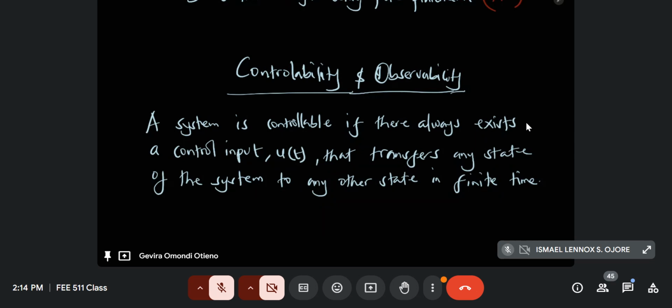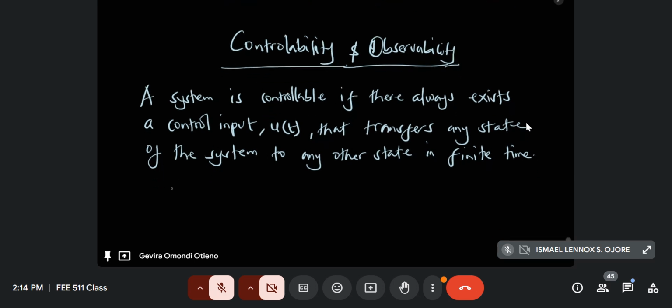Now, we have linear time invariant systems. And mostly in linear time invariant systems, we can actually mathematically describe controllability or test for controllability.